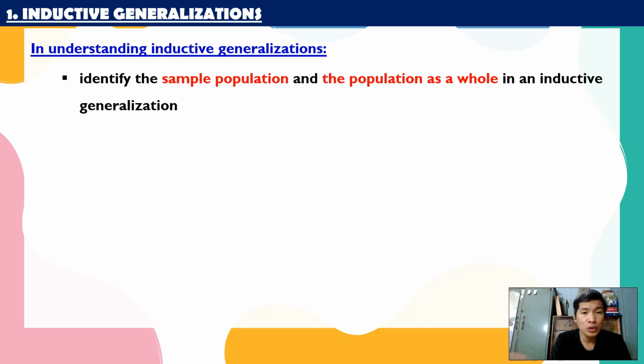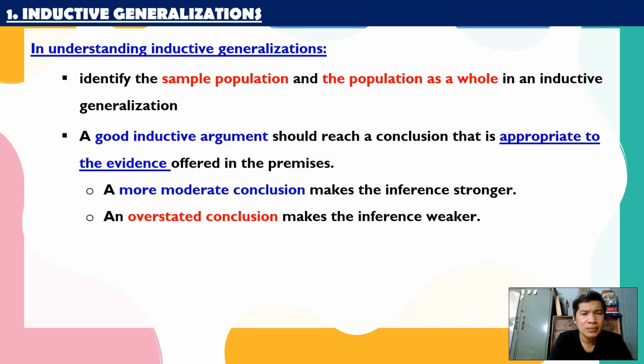Then think about who you should ask. How many people you should ask. Who are the participants? How many participants are necessary? Right? And remember, a good inductive argument should reach a conclusion that is appropriate to the evidence.